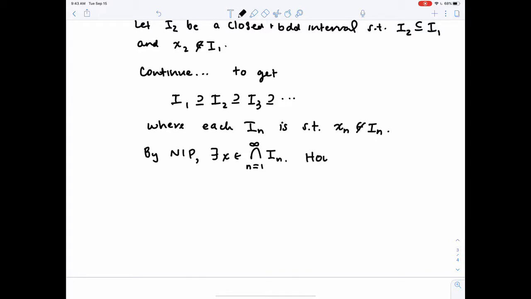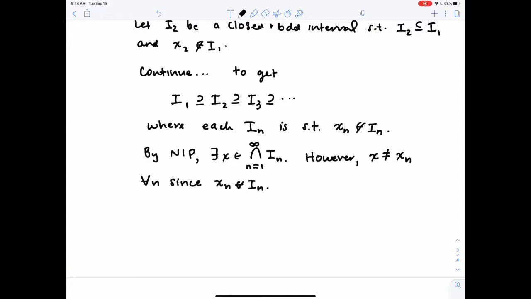However, by construction, we know that x doesn't equal xn for any n, since xn is not in In. There's no way that x2, for example, could be in the intersection because x2 is left out of I2, so it's certainly not in all the intervals.